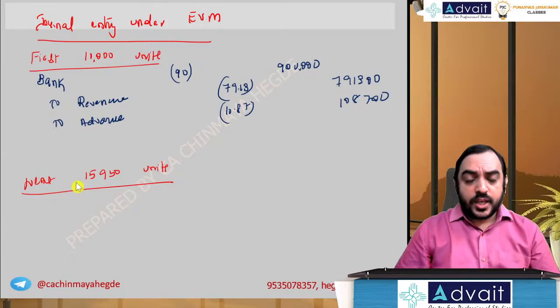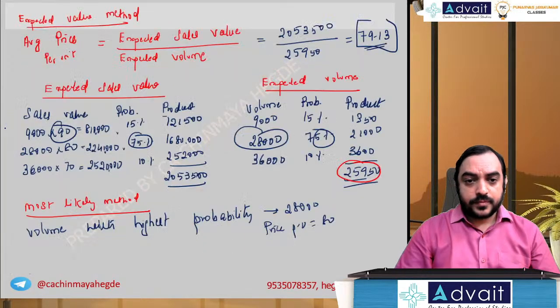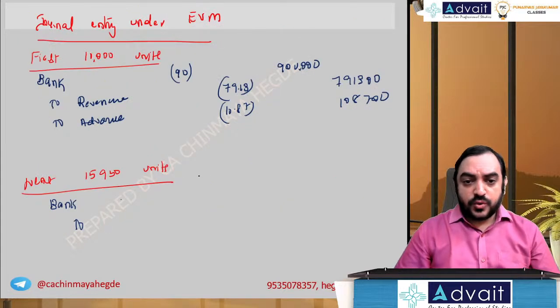Now, what is going to happen is that when you sell the next entry, you are going to receive the money, bank account debit, how much you are going to receive, 80 rupees. So bank account, you are going to receive 80 rupees.